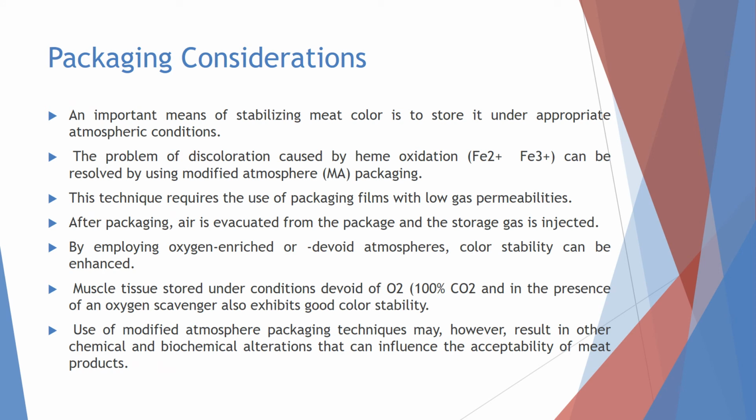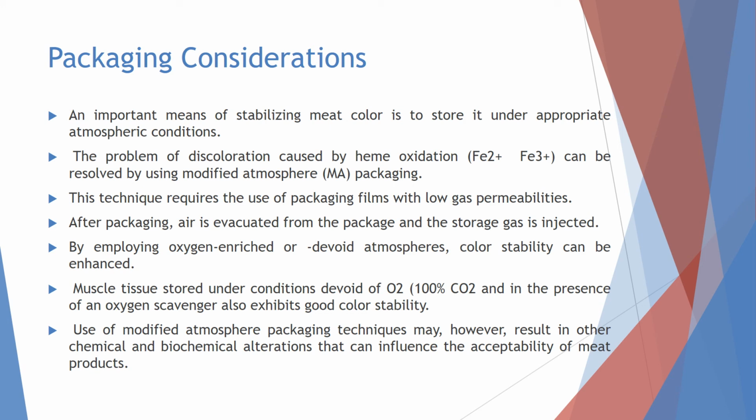Packaging considerations for meat and meat products to preserve the meat color. It is very important to stabilize the meat color even during storage. So appropriate storage conditions need to be provided for retention of the meat pigments.